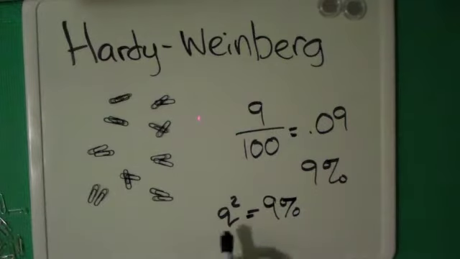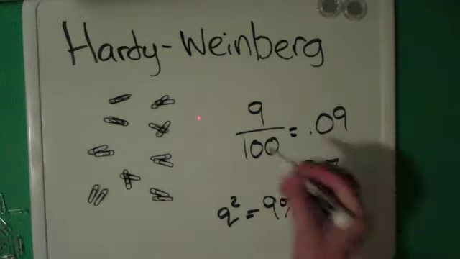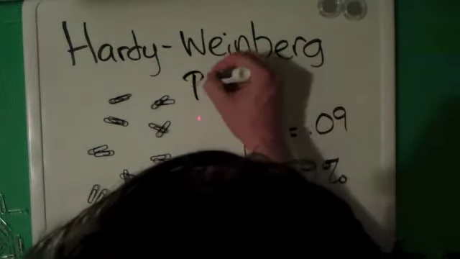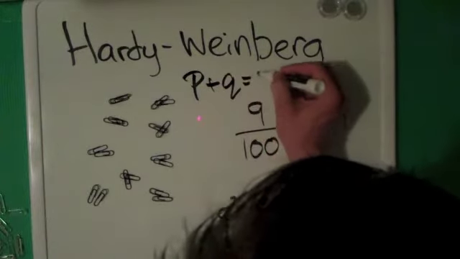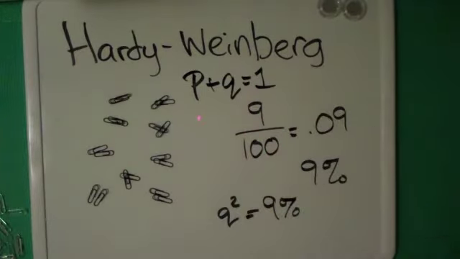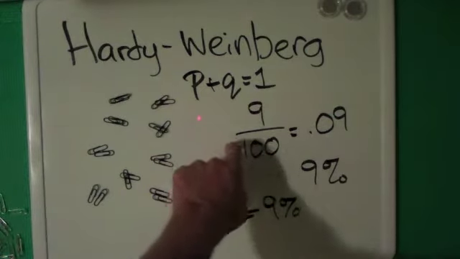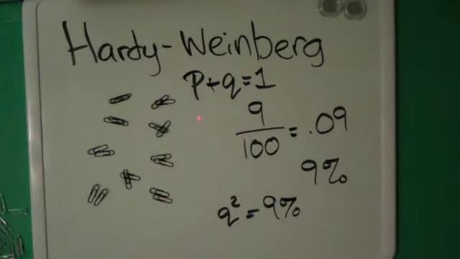When we want to solve for q to figure out what just q is, because what we're looking for is this initial equation of p plus q equals 1, or 100%. That's what we want to find. So by doing this equation, where we took 9 divided by the total, we found q squared.